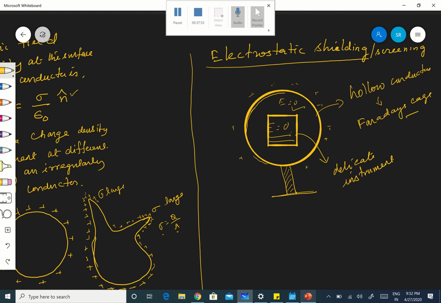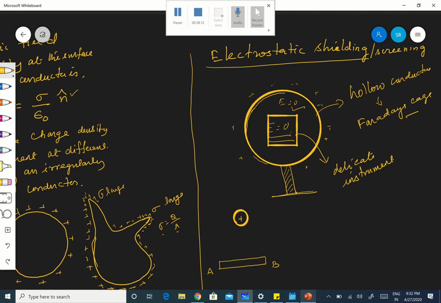Now an earthed conductor can also be used. How? I have some charge here, a charged body, and here I have a conductor, let it be AB.